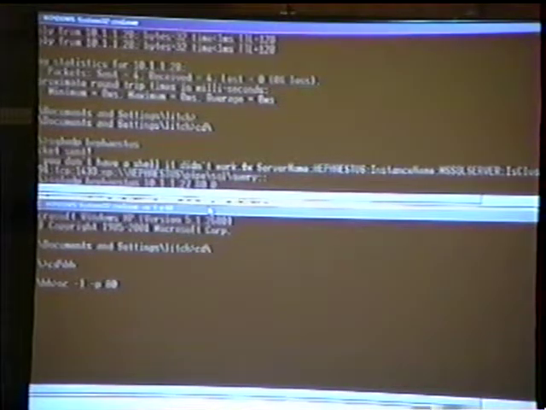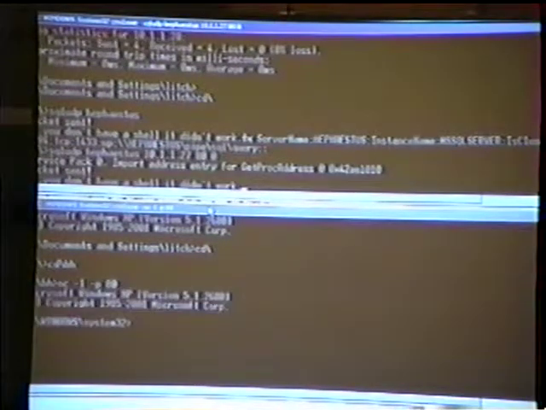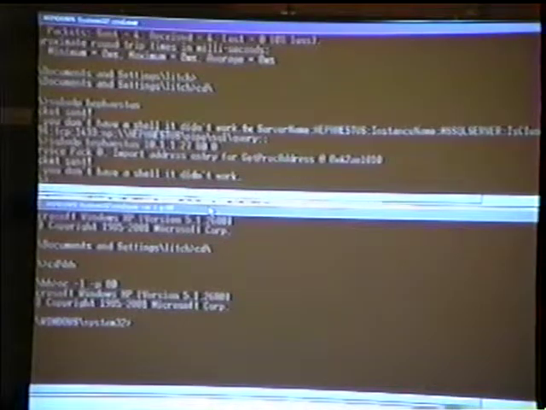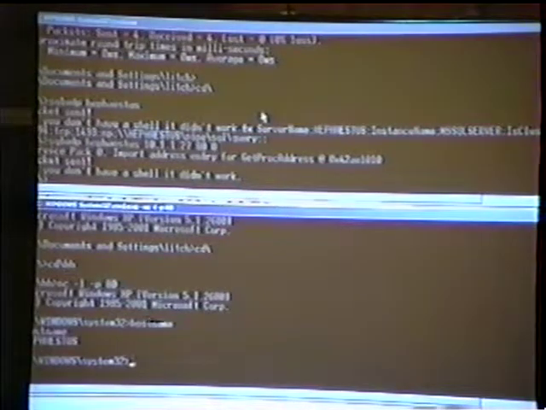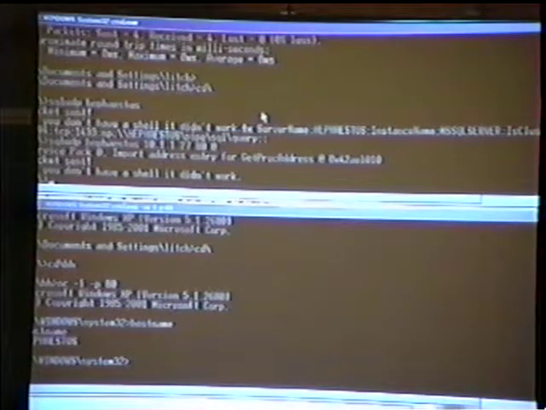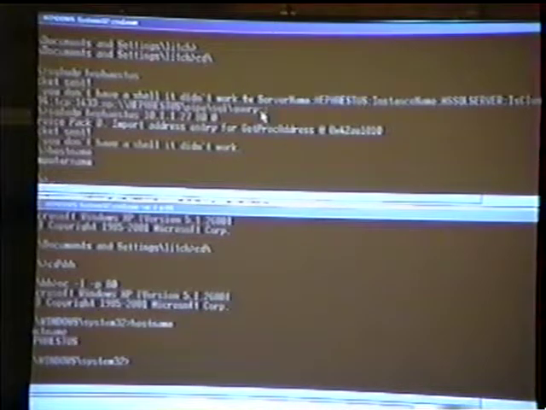Now, let's see. Right, there's my shell just dropped in. Because I'm running SQL Server as local system, if I do a hostname, I can see I'm Hephaestus on this shell, and if I do a hostname here, I'm computer name.